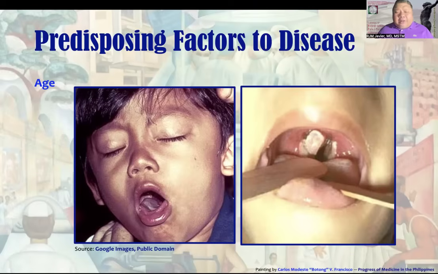So this is an example, from your Corynebacterium diphtheriae, where there could be pseudomembrane formation in the tonsillar areas. If you accidentally puncture this pseudomembrane that you see in the throat, it will release the toxins and it could lead to the demise of a pediatric patient. That is why when we're talking of your vaccine preventable diseases under the expanded program on immunization, our target would be children because they are the ones that are susceptible to developing certain medical conditions.